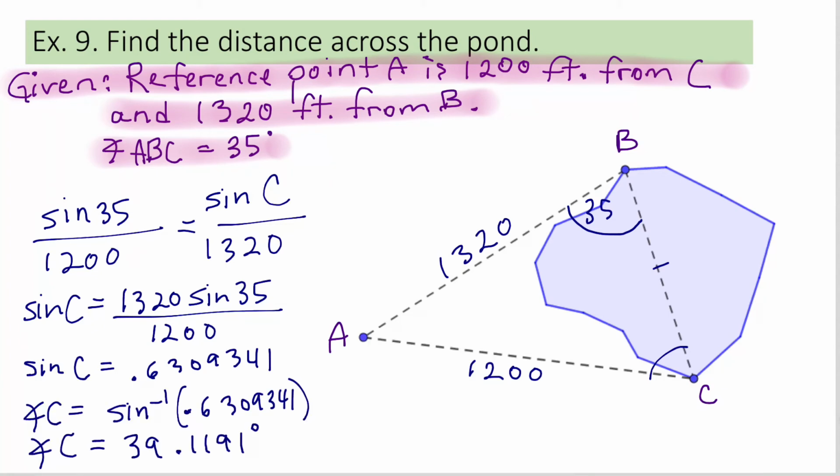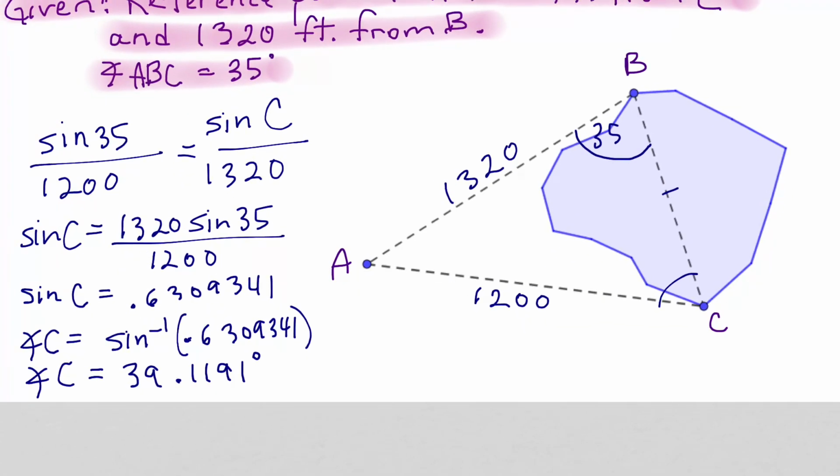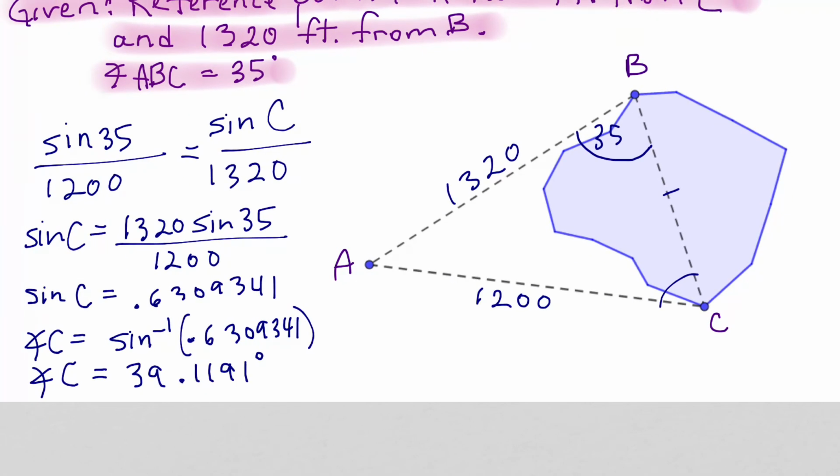So taking the inverse sine of that, I should have C. So I got angle C is 39.1191 degrees by taking the inverse sine. So over here I have 39.1191 degrees.